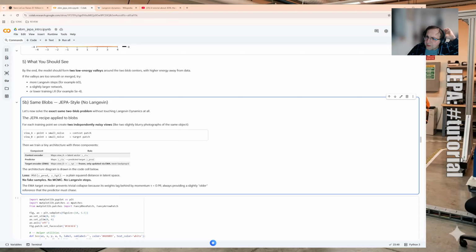And okay, so why do we need this EMA, right? The reason we have EMA is that it's the Achilles heel of JEPA, meaning that if you do it as is, with this kind of learning function, to minimize the loss function, it can cheat, right?